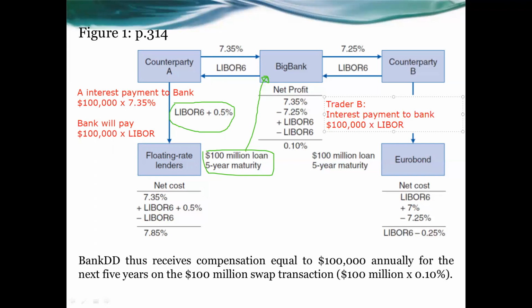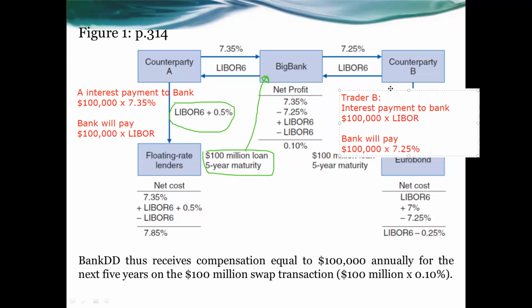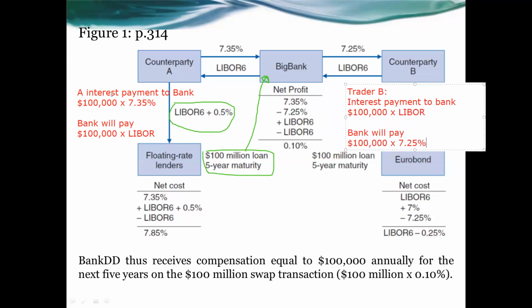That is the payment made by trader B to the bank. For this transaction, the bank will pay trader B $100 million into 7.25% interest rate. This is happening in trader B's case.